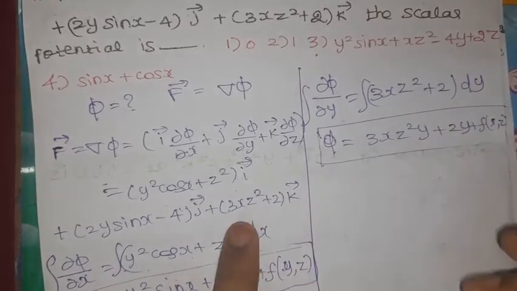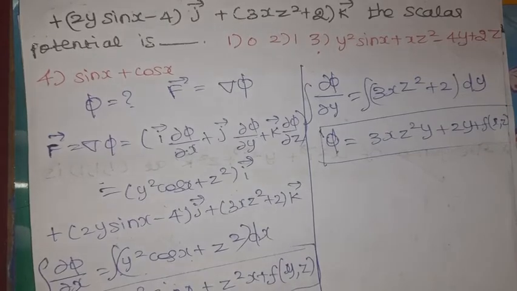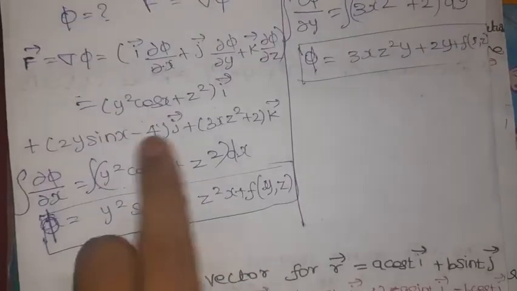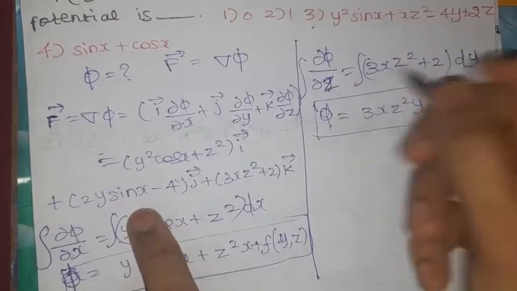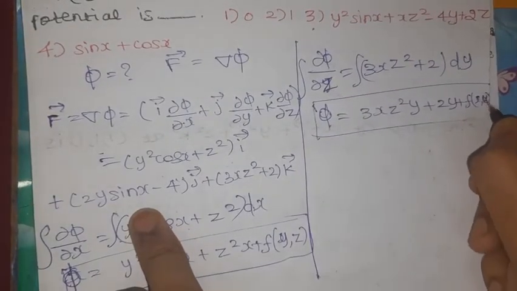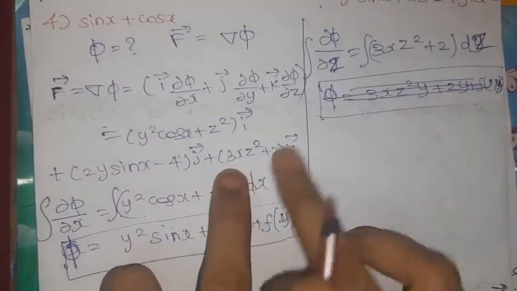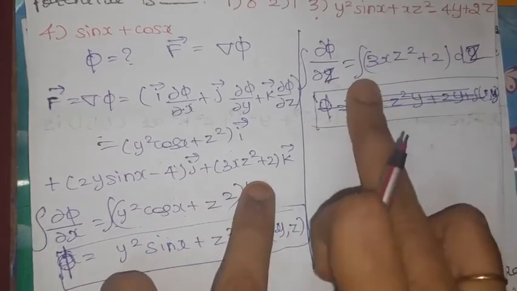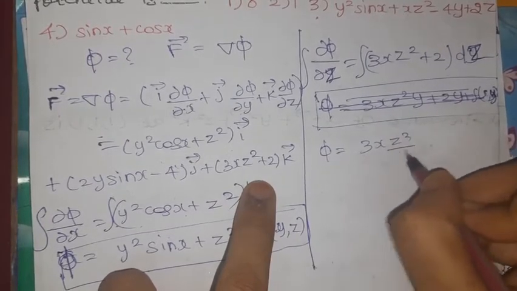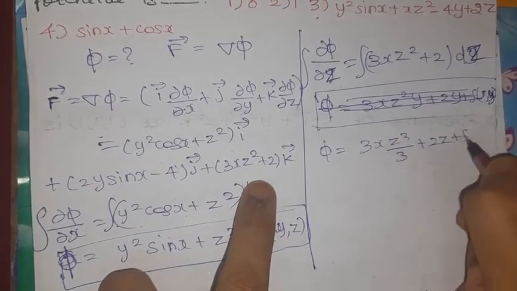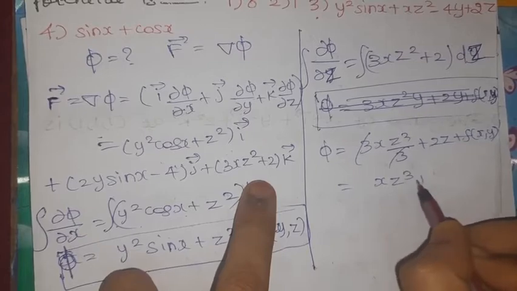So this is also one of the phi values. Then dou phi by dou z equals 3x z squared plus 2, with x and y constant. So phi is 3x z cube by 3 plus 2z plus a function of x and y as constant. So x z cube plus 2z.